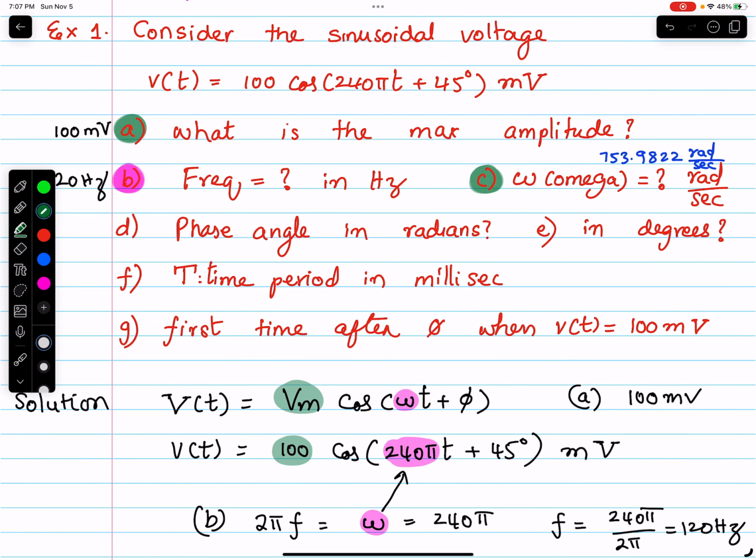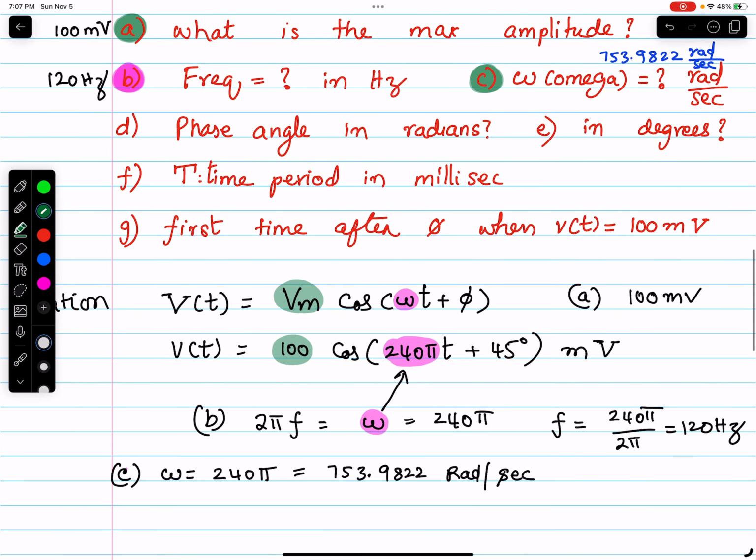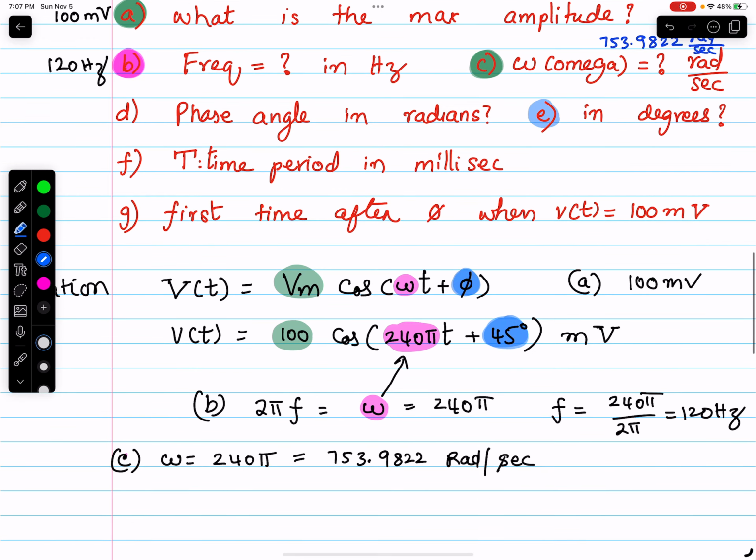Phase angle in radians. Well, let's start with phase angle in degrees. Phase angle in degrees is just by observation, it is 45 degrees. So E is 45 degrees.